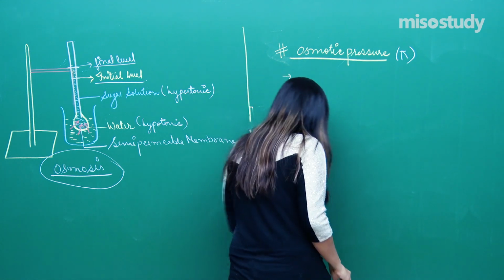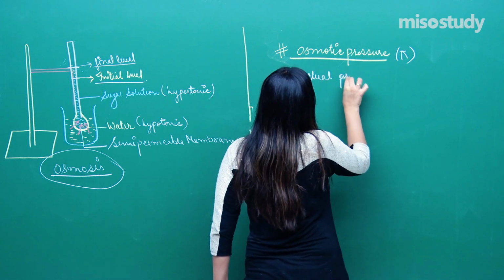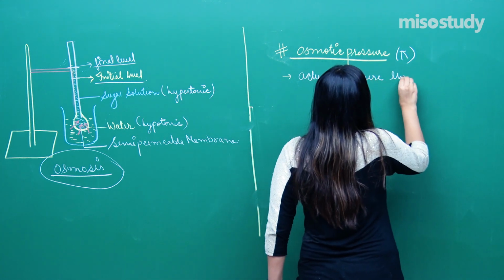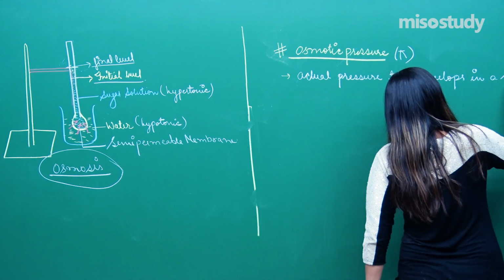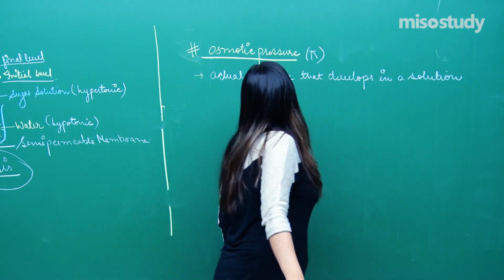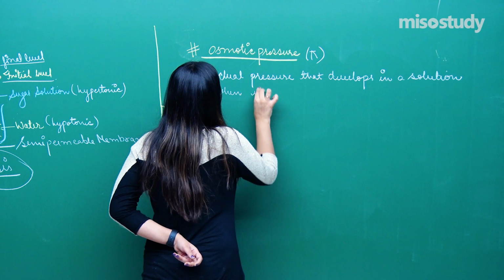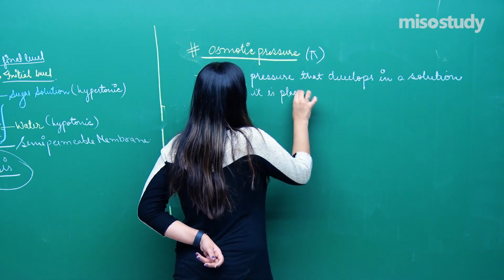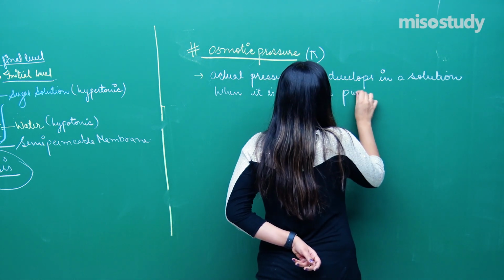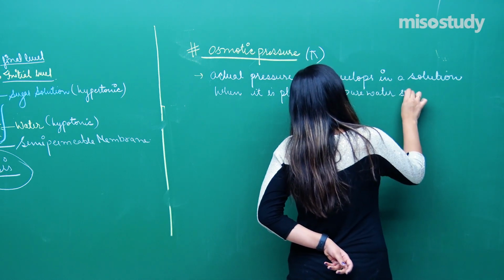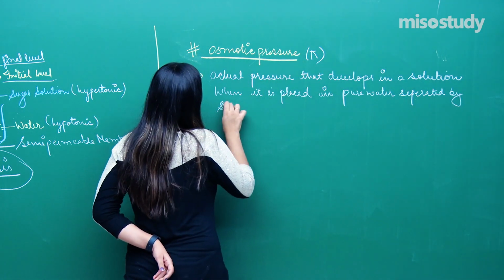So we are talking about the osmotic pressure. That means the pressure exerted by, or the actual pressure that develops in a solution when it is placed in pure water separated by a semi-permeable membrane.